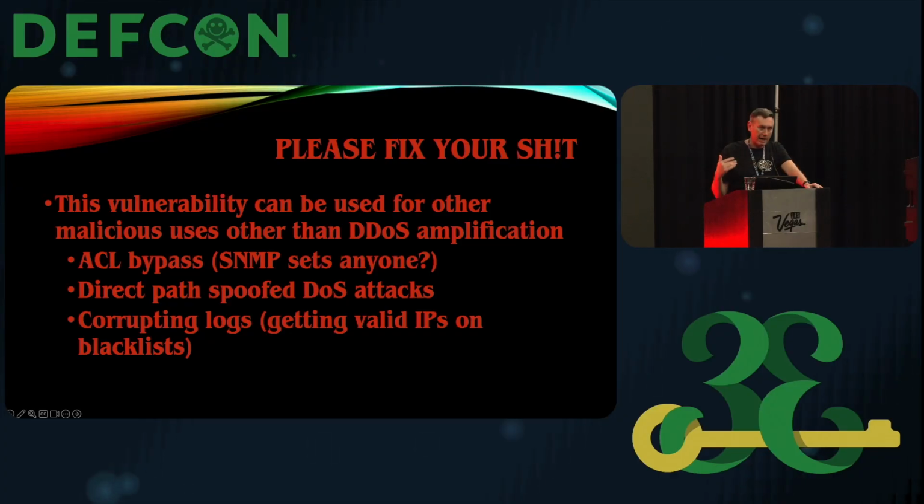Also, you could do direct path spoofed attacks with this vulnerability and then hide the true source IP. And also you can do corruption of logs. I know there were a lot of people whose SSH servers were getting blocked because people were sending spoofed traffic from certain source IPs to these SSH servers, and they were using something similar to fail2ban that said, oh, that's a bad IP, I'm going to block that.